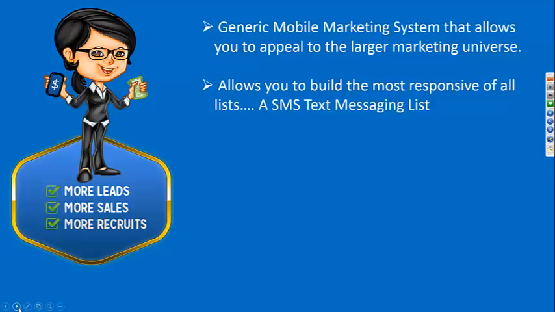Now, there's some lists that are more responsive in my email list than others, okay? Some not as responsive. What we know about SMS text messaging is that 90% of the folks will at least look at the text message that's sent to them. So you can get more eyeballs on your messaging with fewer people in your list. You don't have to have 50,000 folks in your SMS text messaging list to still generate a significant income, because a much higher percentage, about 90% of people that get your text message, will at least look at it.